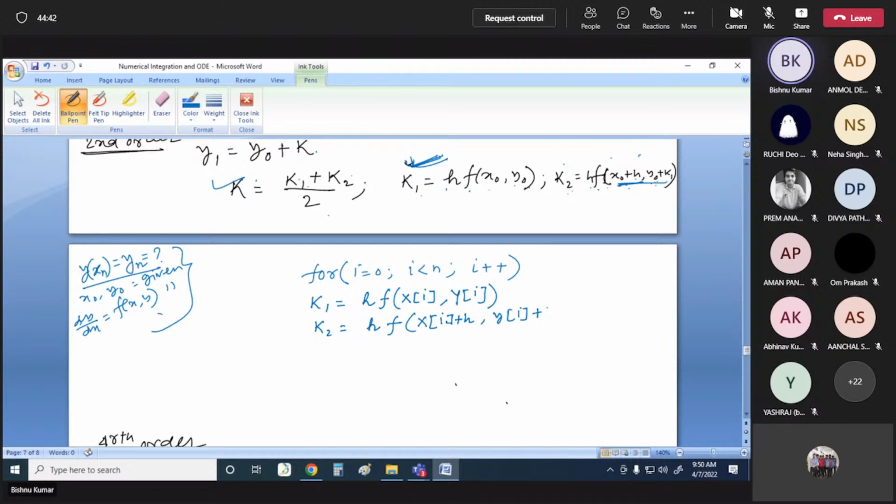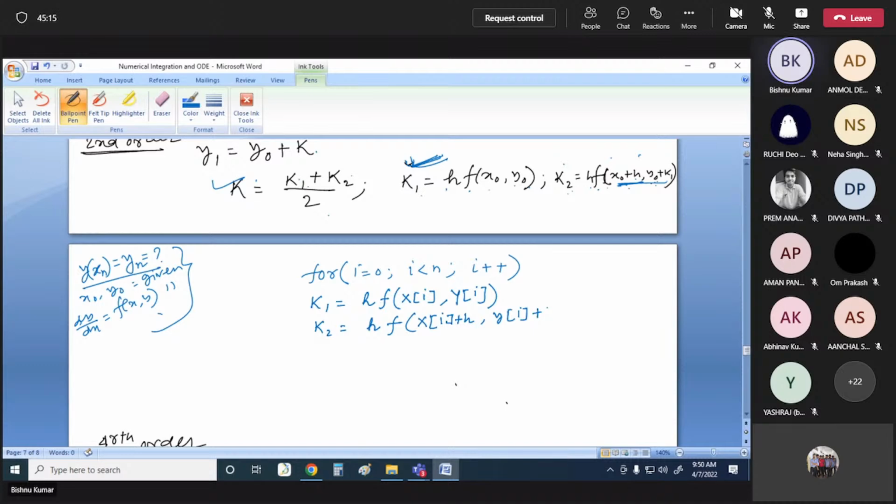Now, at the right hand side, it will consider n minus 1 value, maximum value n minus 1. I need yn. So yi plus 1 will be yi plus k.